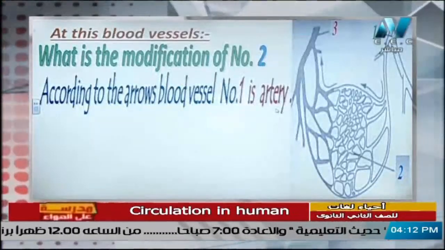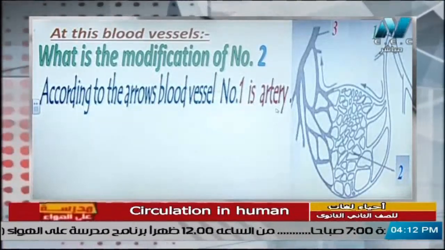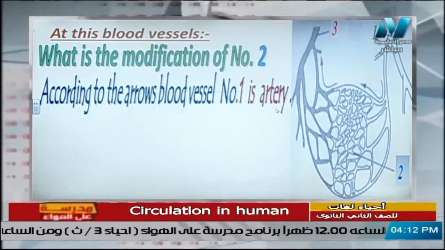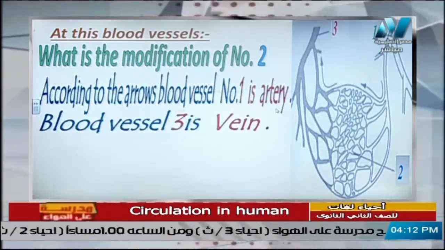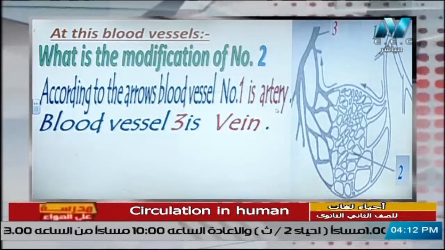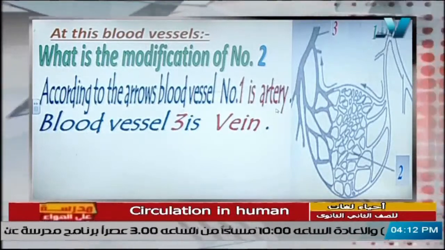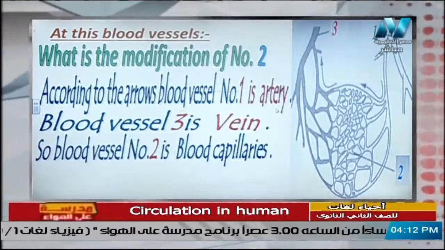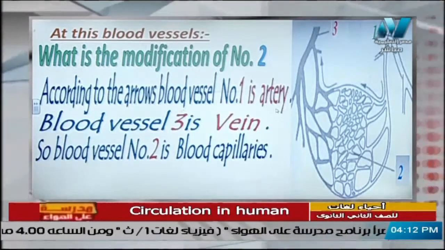According to the arrows, blood vessel number 1 is an artery and blood vessel number 3 is a vein, according to the arrows' direction. So blood vessel number 2 is blood capillaries.